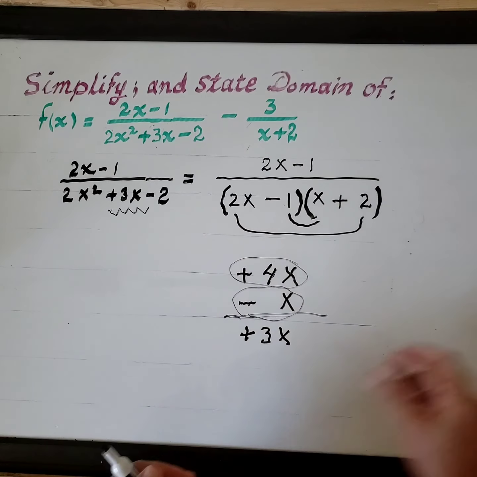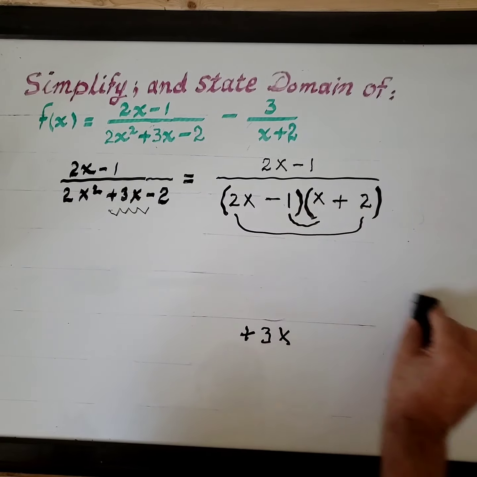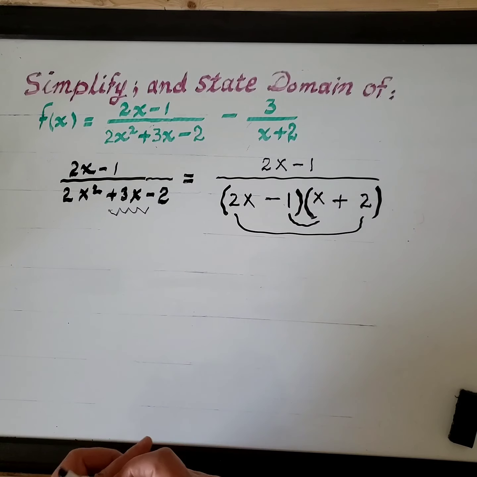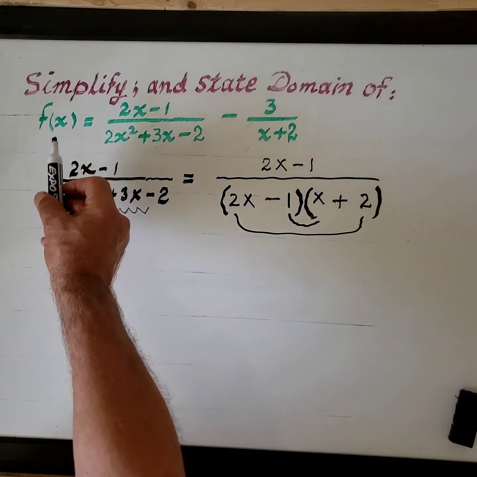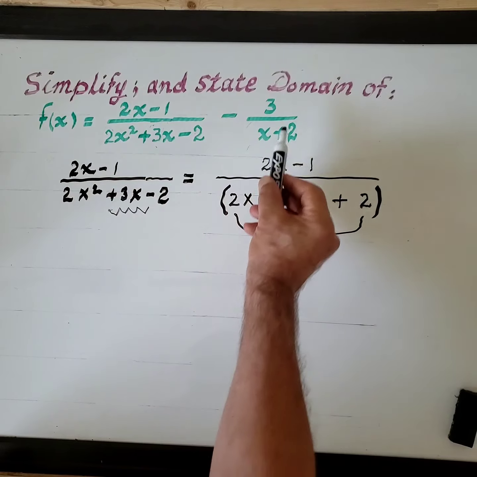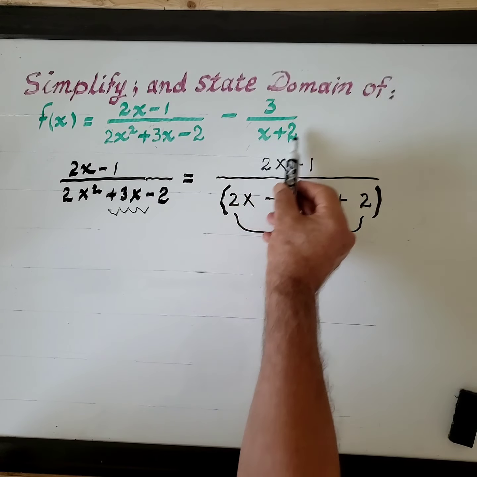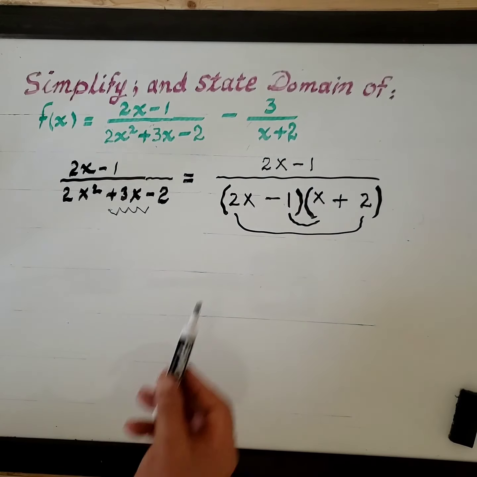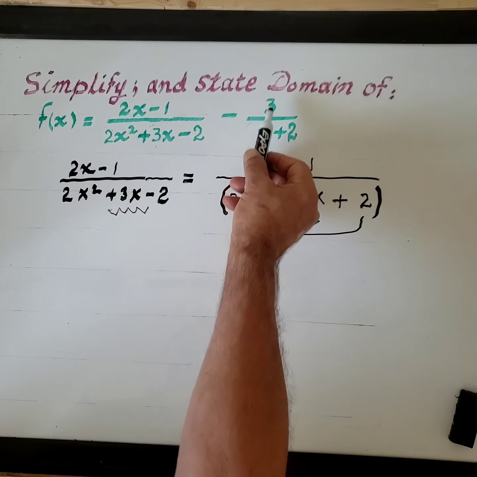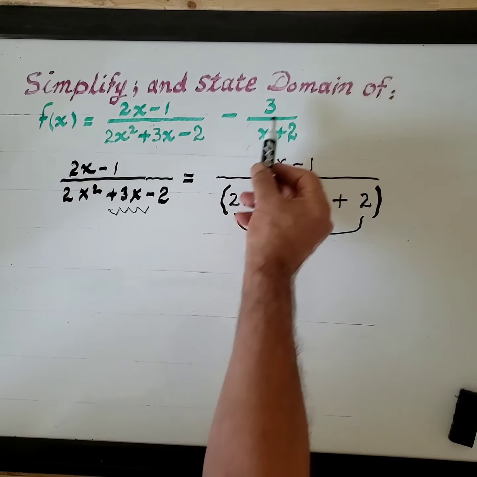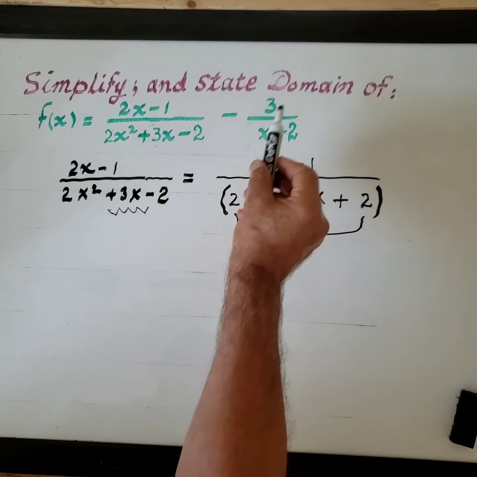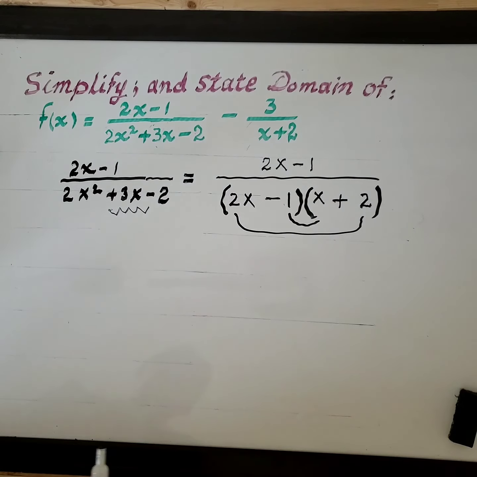So our factorizing is correct. Then we will go again to the function of x. Here, as you see, there is no factoring. We can't factorize either the numerator or denominator. So I will keep it without any change.